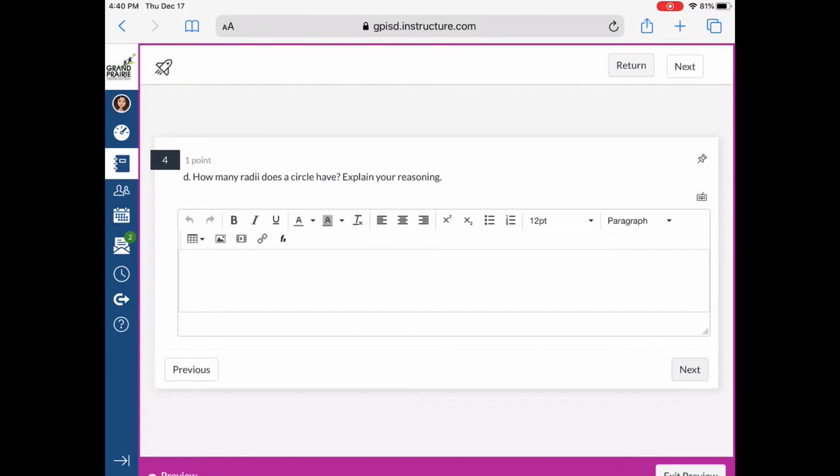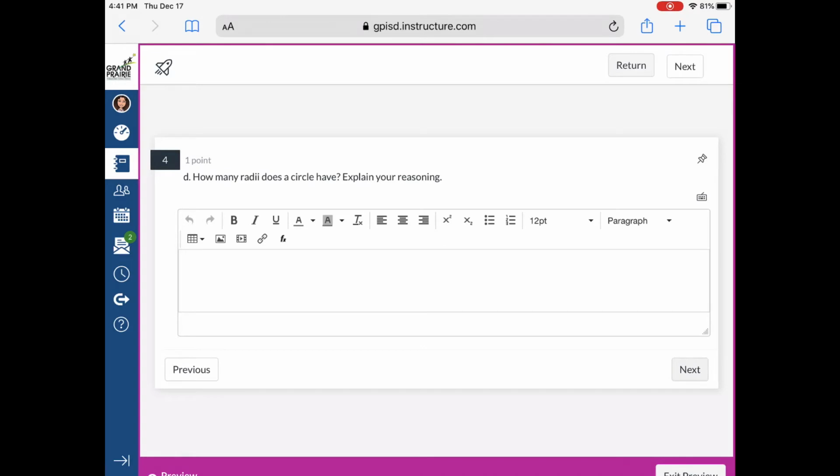A radius is a line segment that starts from the center of the circle and then stops at the side of a circle, right? How many do you think we could do? Well, if you remember, the circle is made up of an infinite amount of points equidistant from the center of the circle.